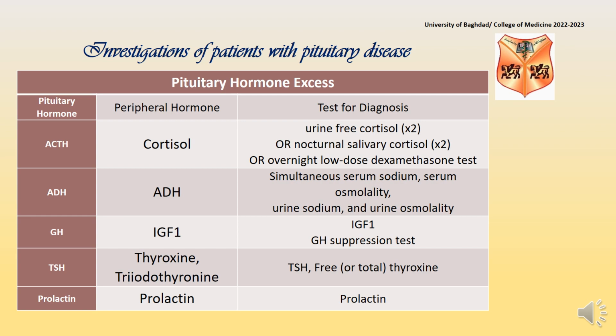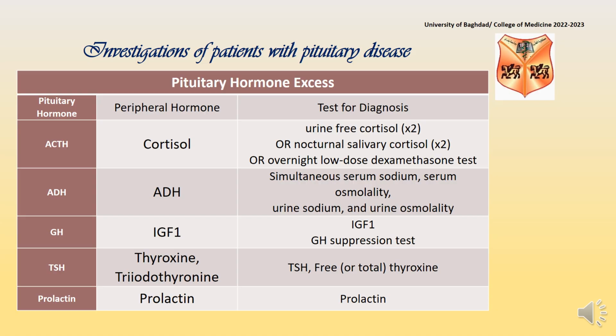Antidiuretic hormone, as we said, is stored in the posterior pituitary from the hypothalamus and affects the water metabolism. Tests for diagnosis in the presence of excess are simultaneous serum sodium and serum osmolality, urine sodium and urine osmolality.